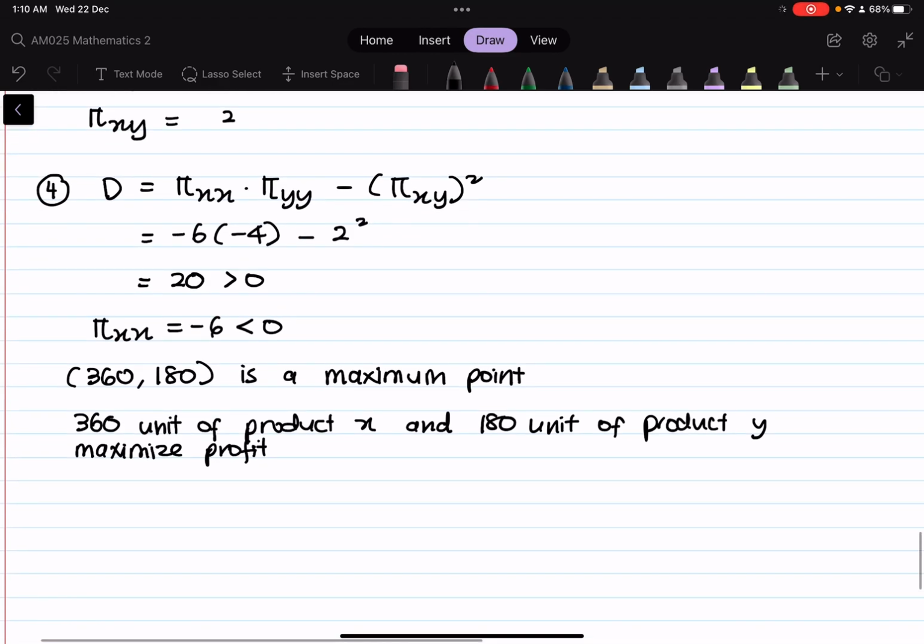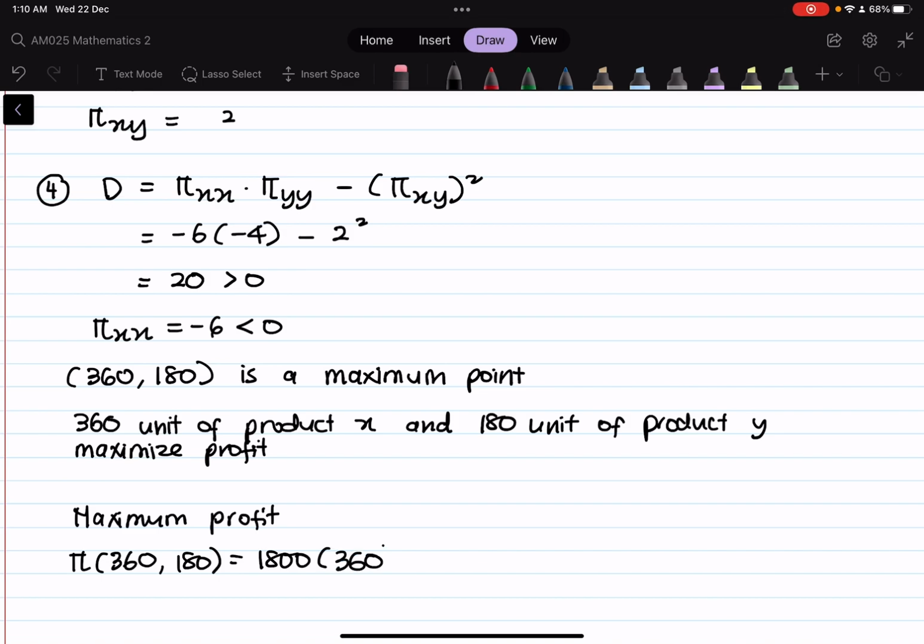So what is the maximum profit? Let us find the maximum profit by substituting our points into the profit function. So 1800 times 360 minus 3 times 360 squared plus 2 times 360 times 180 minus 2 times 180 squared.